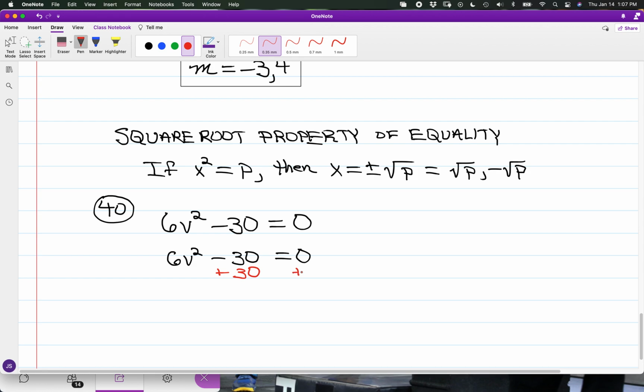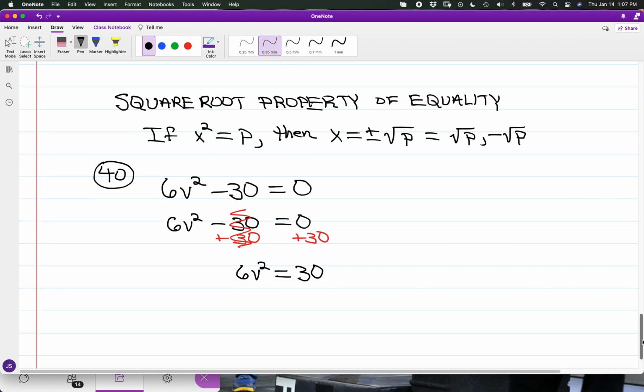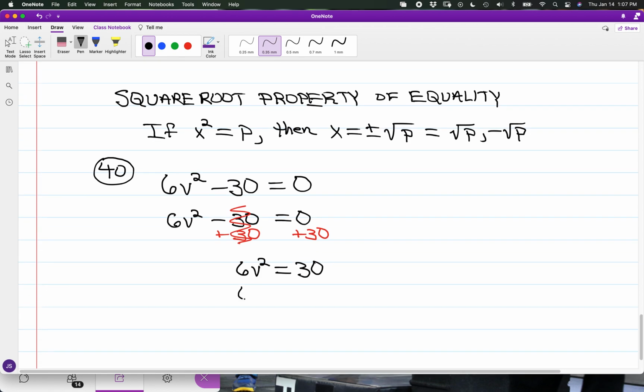So if I add 30 to both sides, I have that 6v squared is equal to 30. Again, just expressing in terms of v squared, I'm going to undo the multiplication by 6 upon dividing both sides by 6.